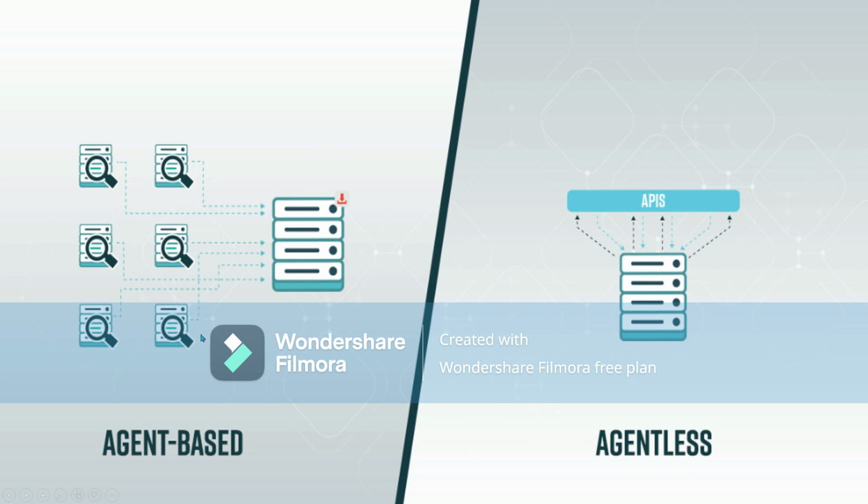Here on the left-hand side is the agent-based scheme, where we have the orchestrator. Now this orchestrator is communicating with several other different components based on the agents being installed on these components.